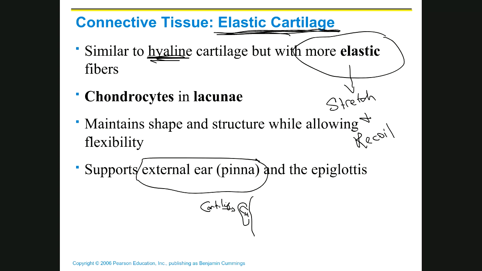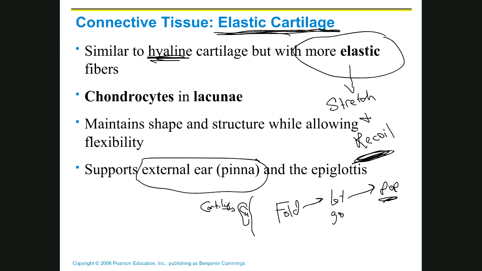And if you fold your ear down and then let go of it, it's going to pop back to its original position. It's got recoil to it. It's not going to slowly go back up. It's going to pop back up like a rubber band snaps.